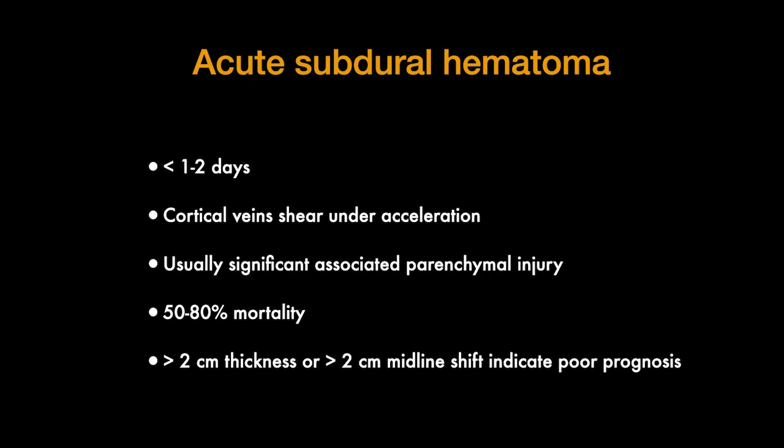In contrast to epidural hematomas, these are usually associated with significant parenchymal injury and carry a high mortality, particularly in younger individuals who have relatively less room for the brain to absorb an adjacent blood collection. Poor prognostic indicators are either more than 2 centimeters thickness or more than 2 centimeters of midline shift.